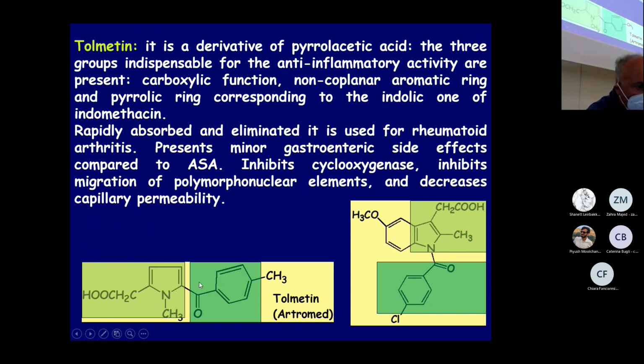Here you can see another aromatic group with a ketone, also present in the chemical structure of indomethacin. So the scientists tried to minimize some chemical features present on the chemical structure of indomethacin, and tolmetin was the result.